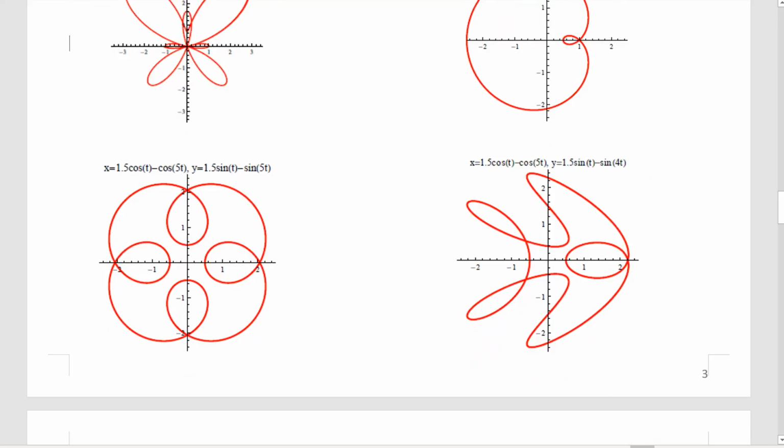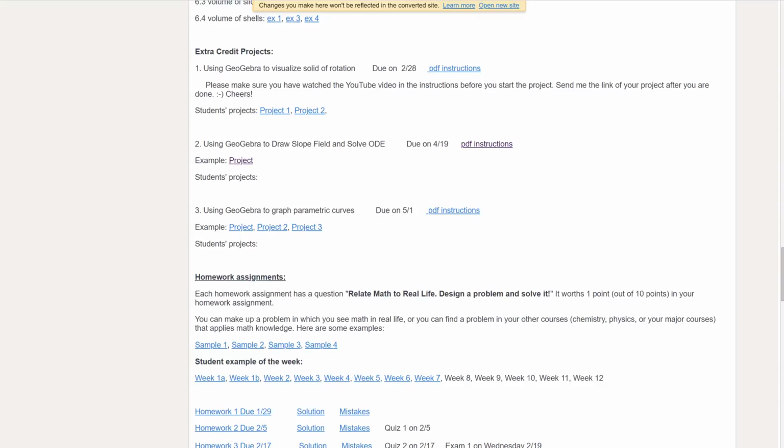So far, so good. On our course website, we have a GeoGebra project where you can plot parametric curves. Let me show you. This is our course website. Under extra credit projects, GeoGebra project number 3. We can use GeoGebra to graph parametric curves, and this is the PDF instructions.